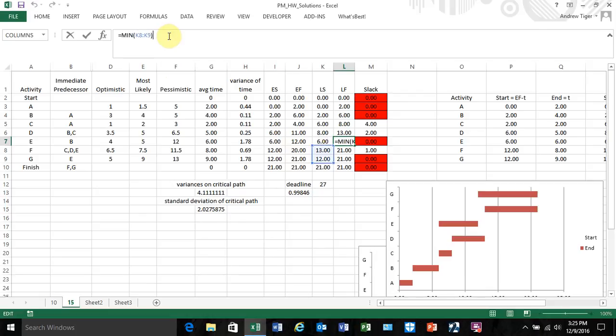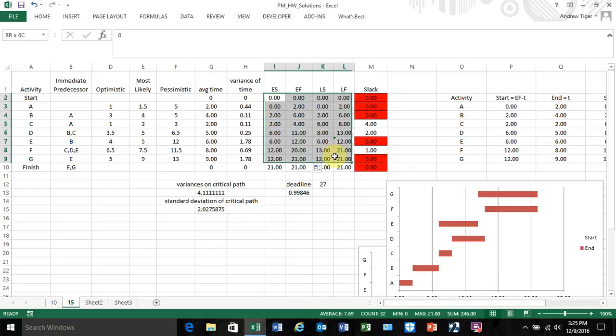For activity E, it's the smaller of F and G. For activity D, it is F. And again, this is based on the network, or I'm just looking at the formulas and across. For C, it's the smaller of D and F. For B, it's the smaller of D and E. For A, it's the smaller of B and C.